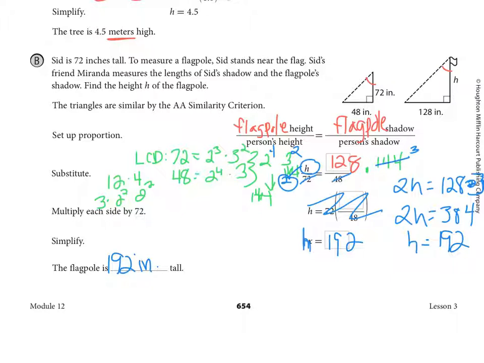Now keep in mind that that might make more sense if we actually convert it to feet. So convert by dividing by 12, and we get 16 feet tall is how tall that flagpole is. So that's what we're going to be encountering, this type of problem, as we do indirect measurement.